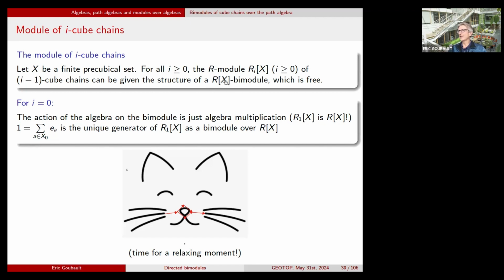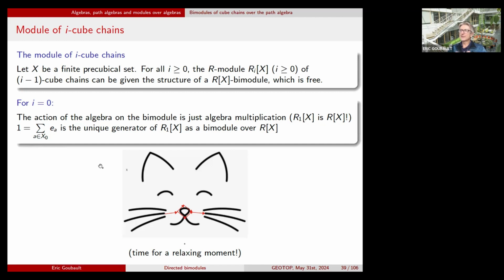So R of X is an algebra of directed paths. On top of that, which is going to be very important, it's a free R of X bimodule, okay? So it's easy to see. So if you consider I equal to 0, R_0 of X is just R of X, and an algebra is a bimodule over itself, right? And it's a free algebra over itself. It's generated by the identity, right? So at least for this, it's easy.